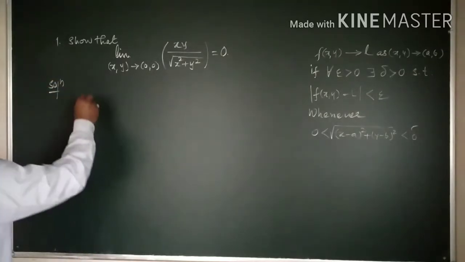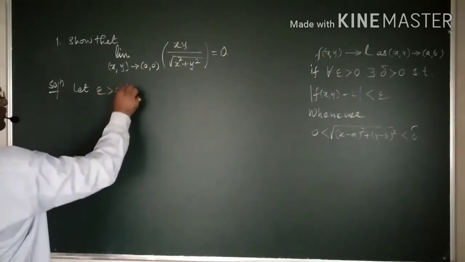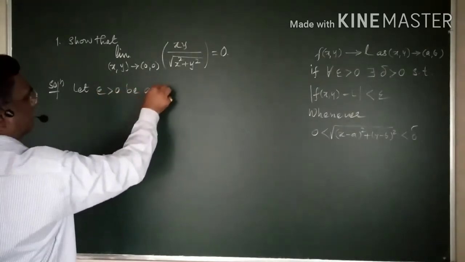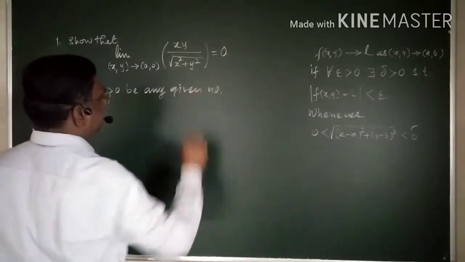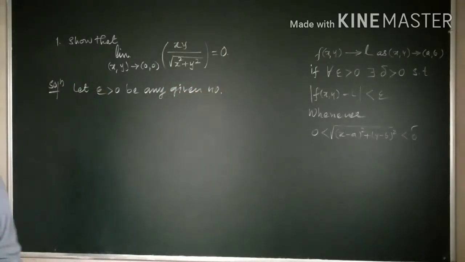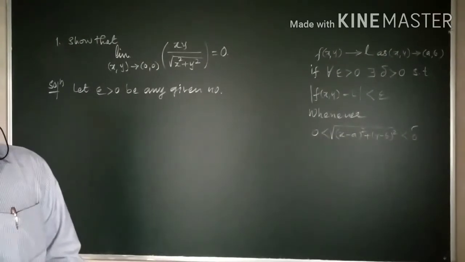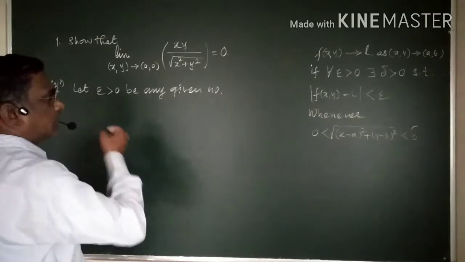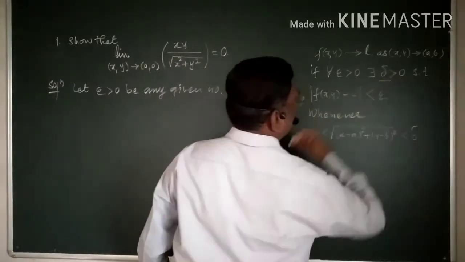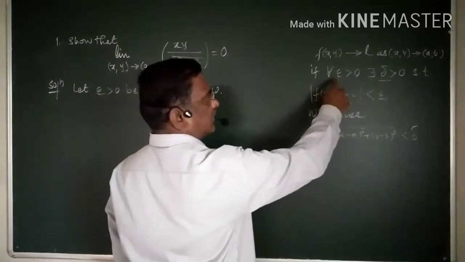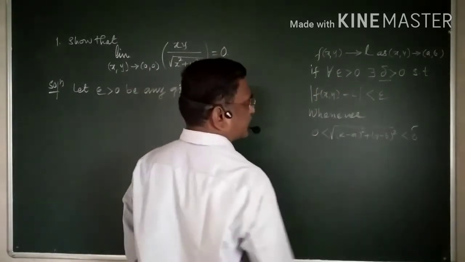Let epsilon greater than 0 be any given number. Now, as per the definition, we need to find delta, which depends on epsilon, and satisfies this condition.